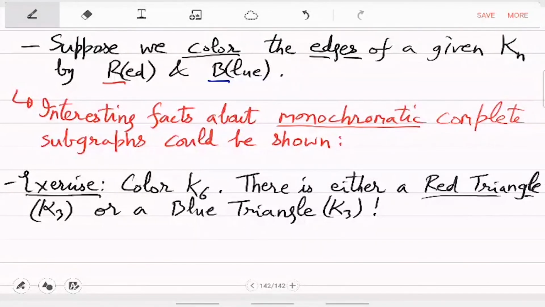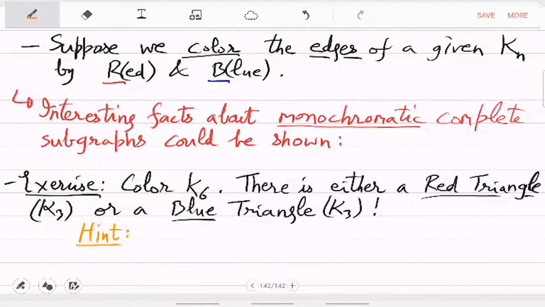Show this. So no matter how you color the edges of K6, you will not be able to avoid red triangles and blue triangles together. Let me give you a hint how this will be done, and then maybe you complete it.